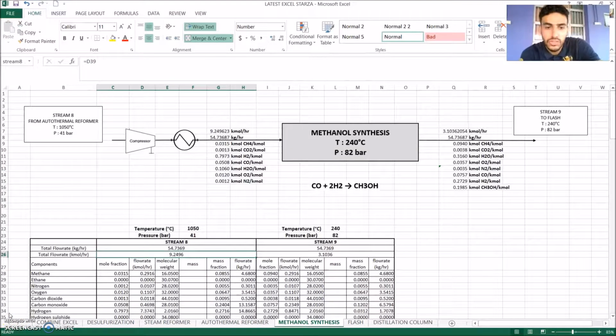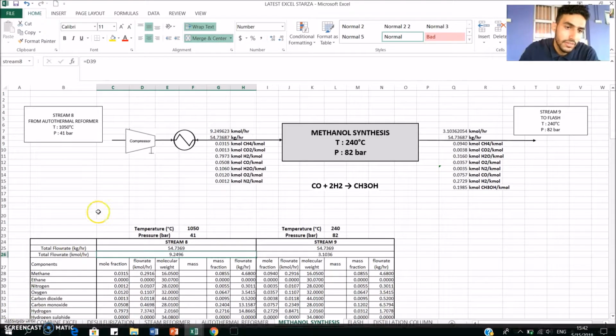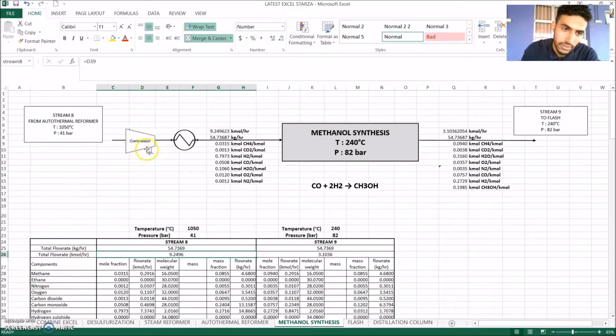Hi, so I will continue explaining about methanol synthesis. Before I explain it, I would like to mention that I will use the compressor to increase the pressure, because as we can see here, in the input we have 41 bar, and in the output we have 82 bar.